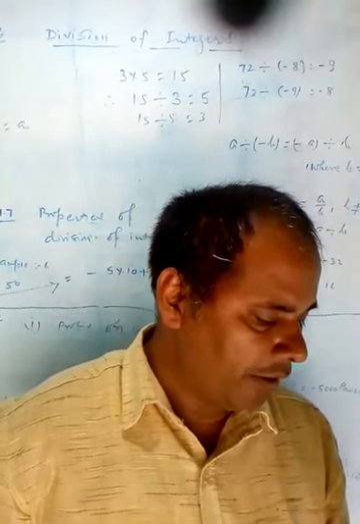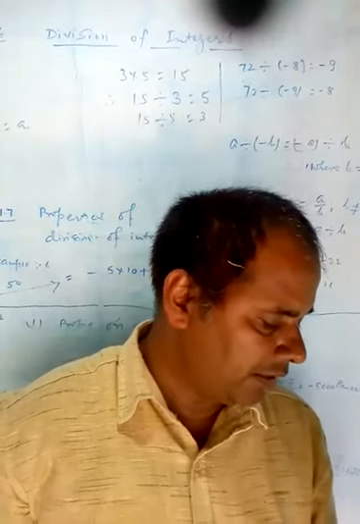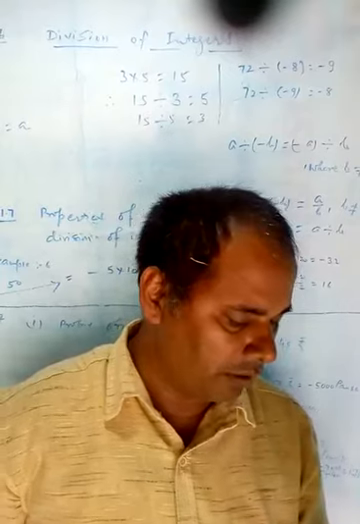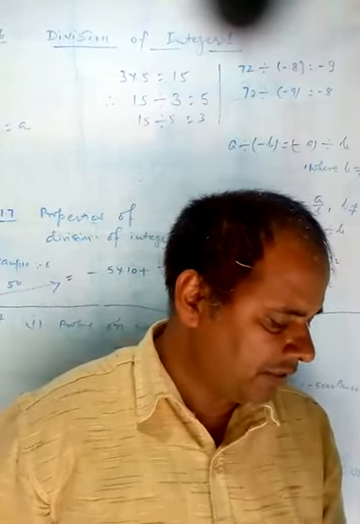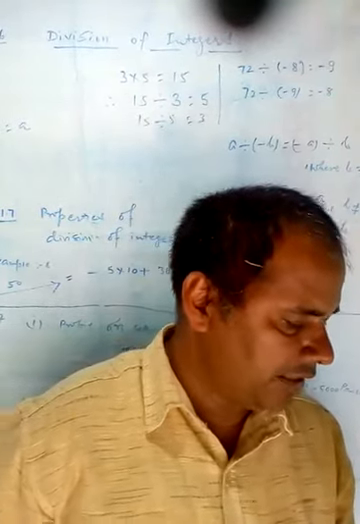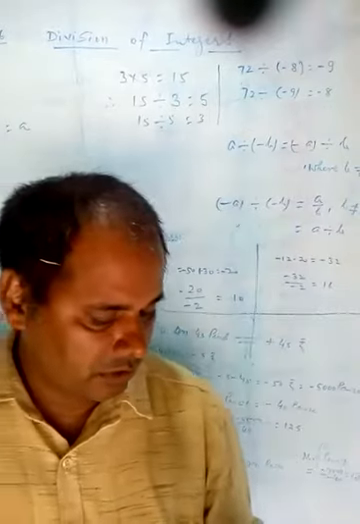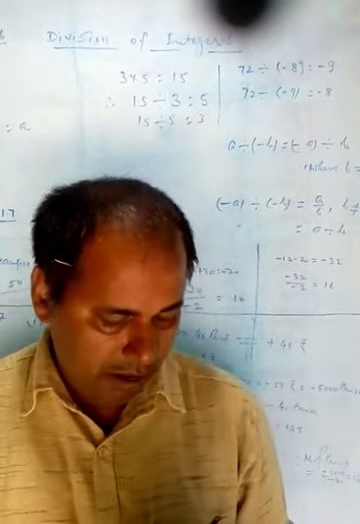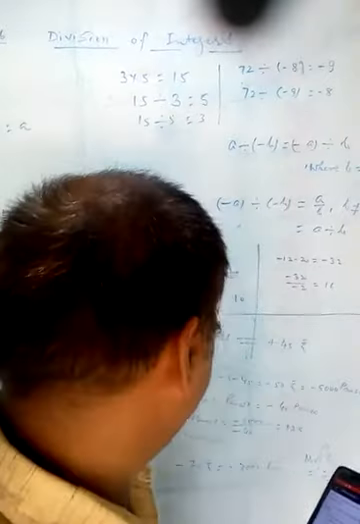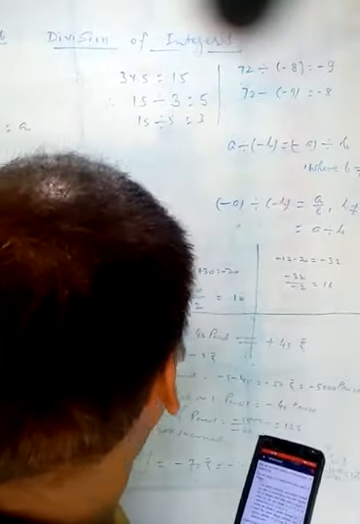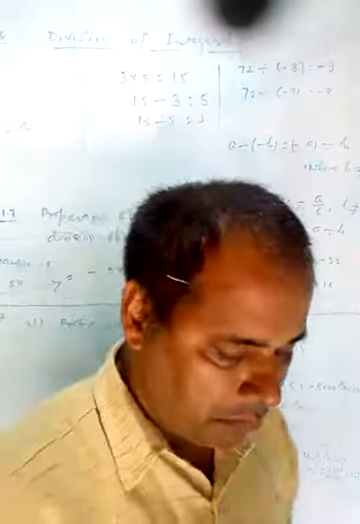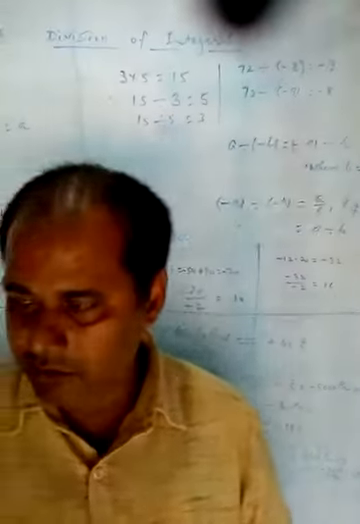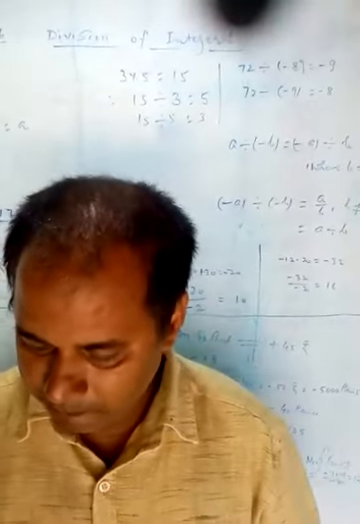When we divide a whole number by 1, it gives the same whole number. Let us check whether it is true for negative integers also. So minus 8 by 1 is equal to minus 8. Minus 11 divided by 1 is equal to minus 11. Minus 13 divided by 1 is equal to minus 13.